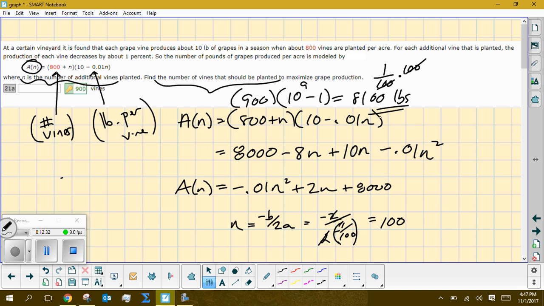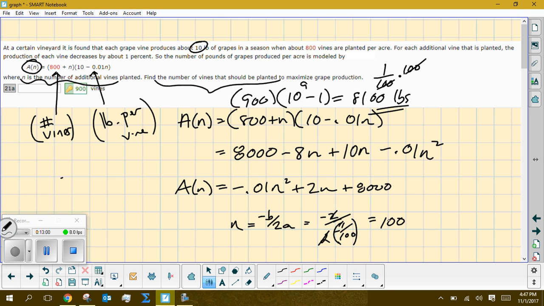Think about it this way: if I left it at 800, 800 times 10 pounds is 8,000 pounds of grapes, a lesser amount. So what we figured out is that by adding vines, even though each vine itself is less productive, collectively, because we have more vines, we get more production.